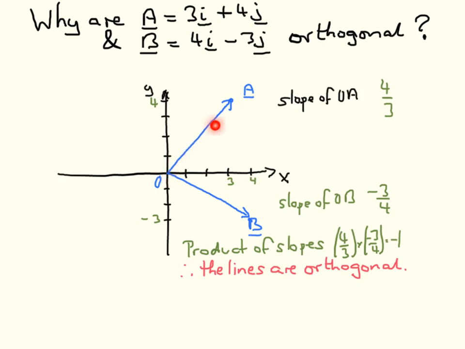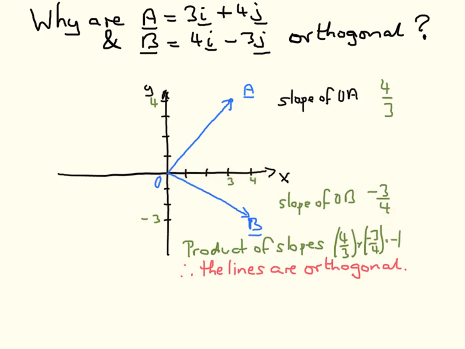The slope of this line, which I'm calling OA, is 4 steps up divided by 3 steps along, and the slope of OB is minus 3 steps down divided by 4 steps along.